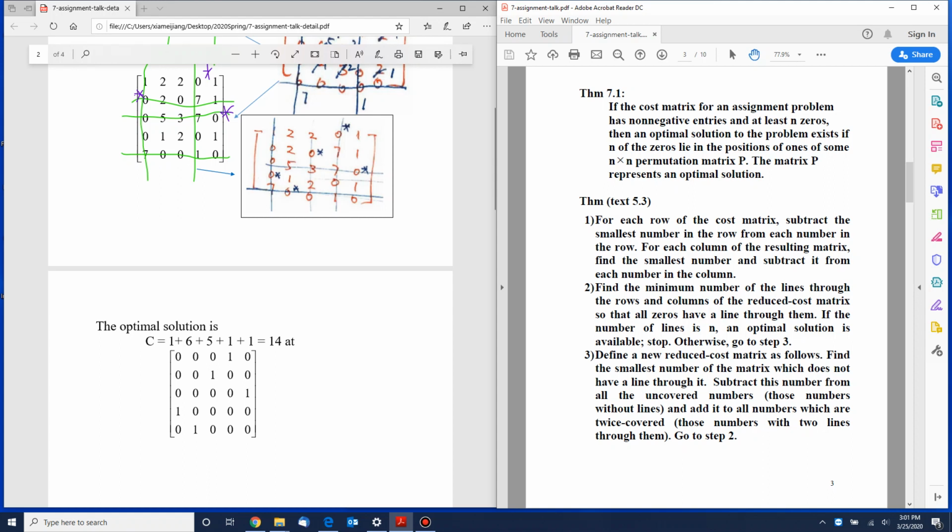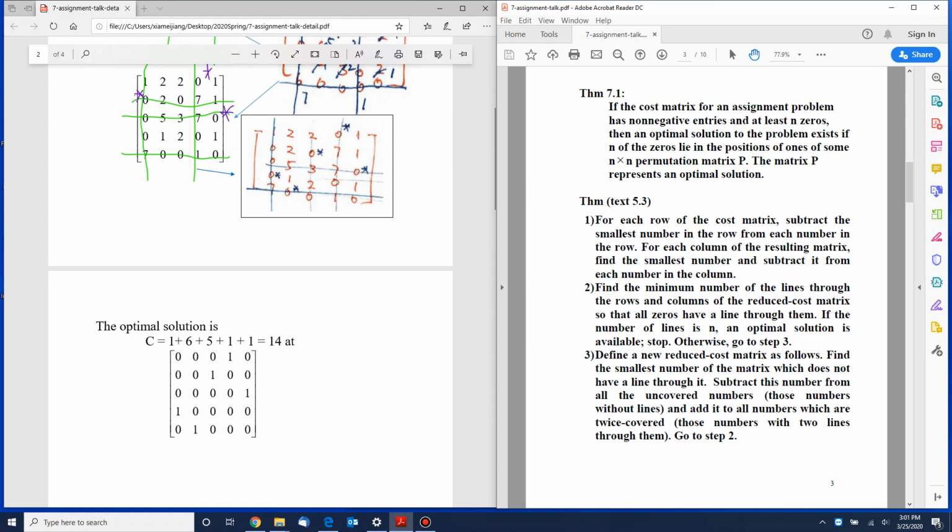That is, the first person takes job 4, the second person takes job 3, the third person takes job 5, the fourth person takes job 1, and the fifth person takes job 2.